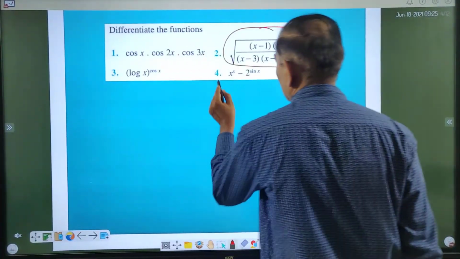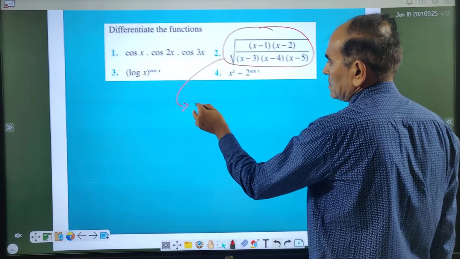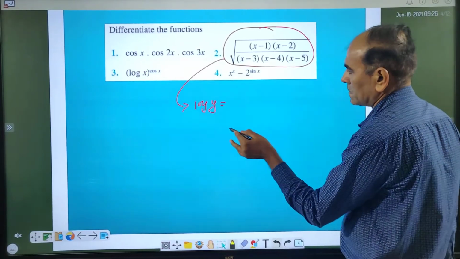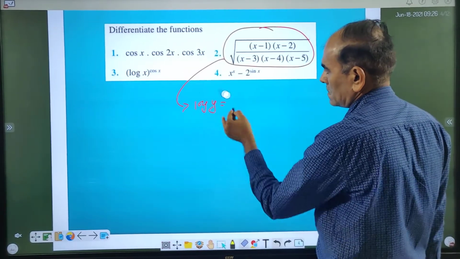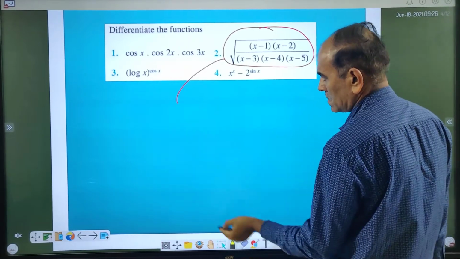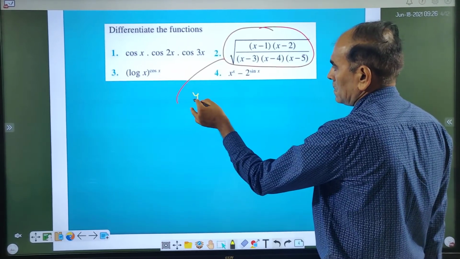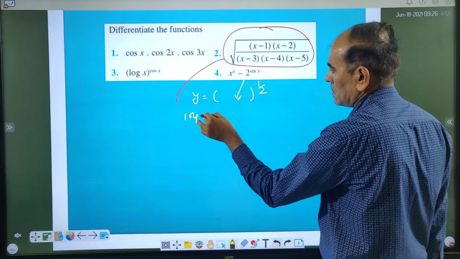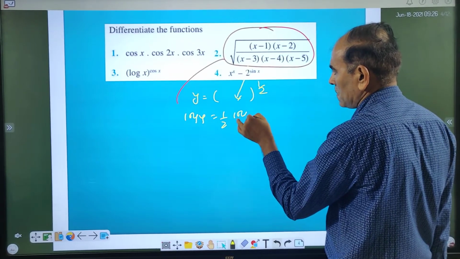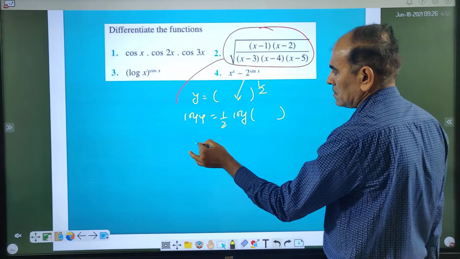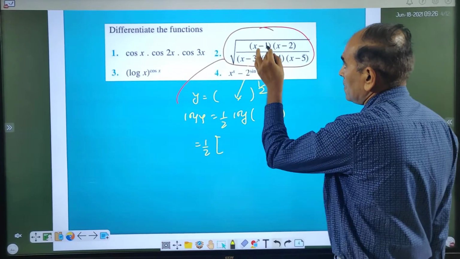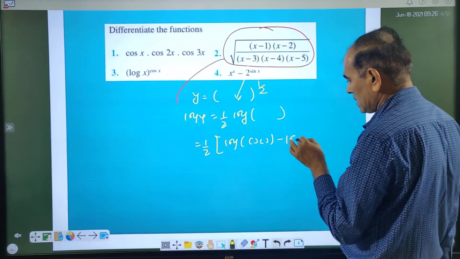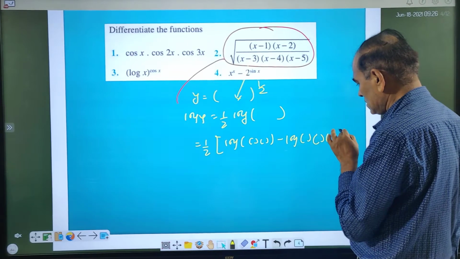So if I take log, I am writing that step directly. If y is equal to this one raised to half, then log y is equal to half of log of this one. So that is equal to half of log of these minus log of these.